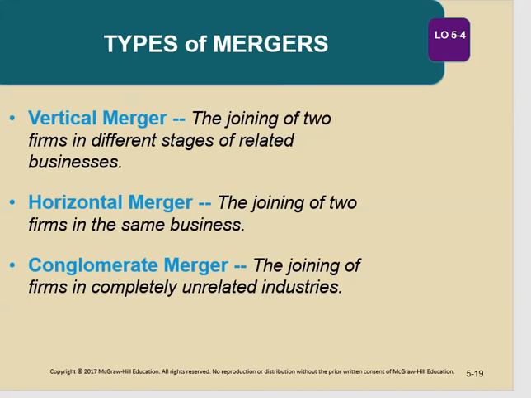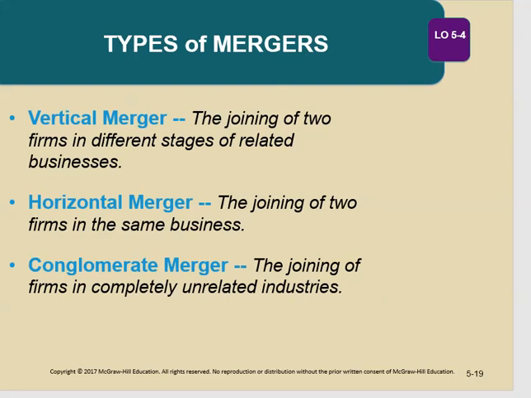That's a vertical merger. A horizontal merger is when 2 firms that are basically doing the same thing join together. So you might have one battery making company, Duracell, combine with another battery making company.